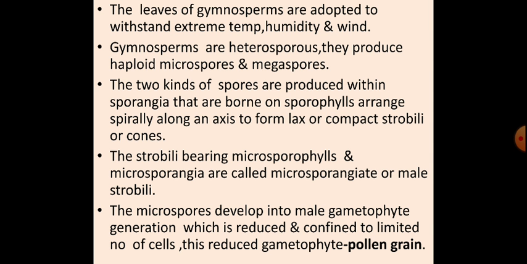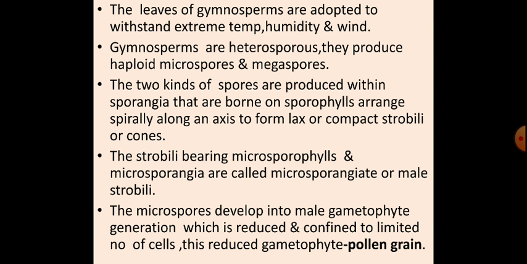Now the male strobili will bear microsporophyll. Microsporophyll will form a microsporangiate, a bulb-like structure, and inside this microsporangiate the male gamete is formed. The name of the male gamete is pollen grain.